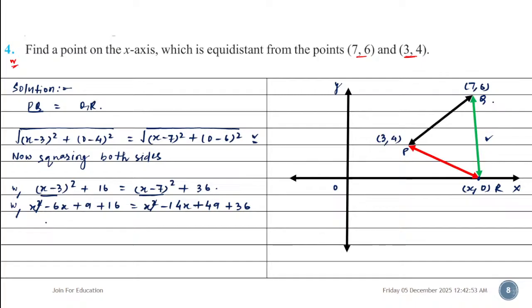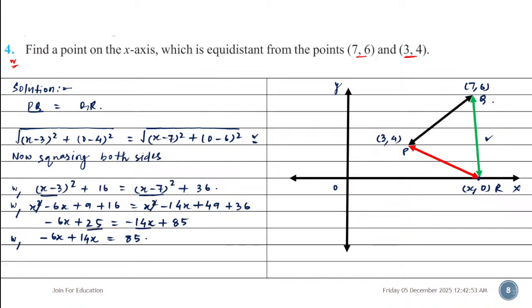Then we get here minus 6x plus 25 equal to minus 14x plus 85. Now minus 14x moves to the left hand side, so this will be minus 6x plus 14x equal to 85 minus 25.